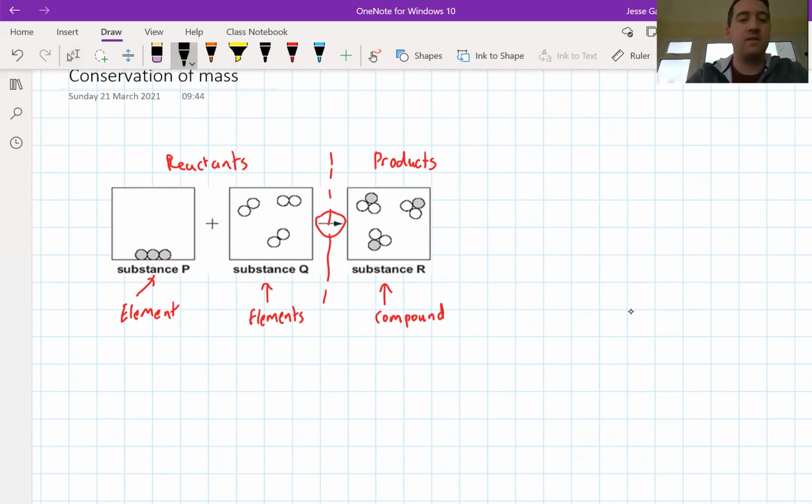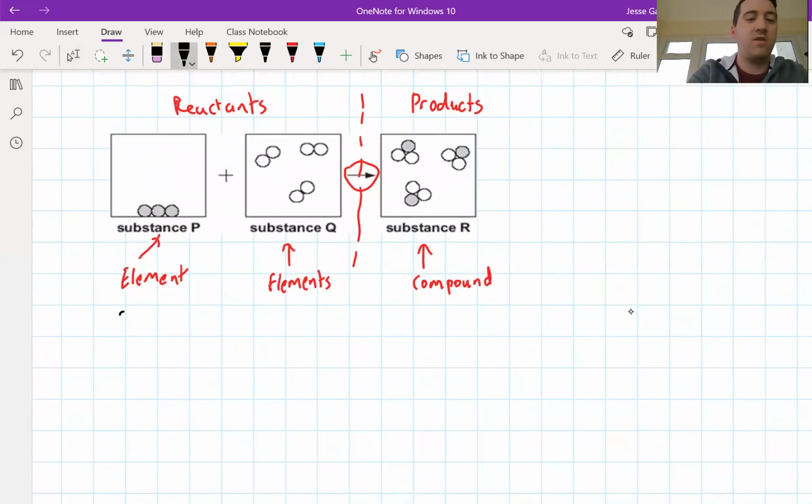Let's just track this. Substance P, I've got 3 gray atoms. Okay, 3 gray atoms, and each of those are substance P. For substance Q, I've got altogether, I count 6 white atoms making up substance Q. And when they combine, at the end, I've got a total of 9 atoms.